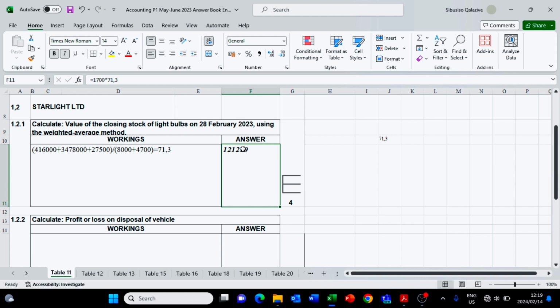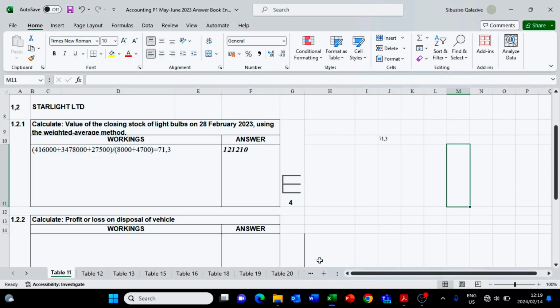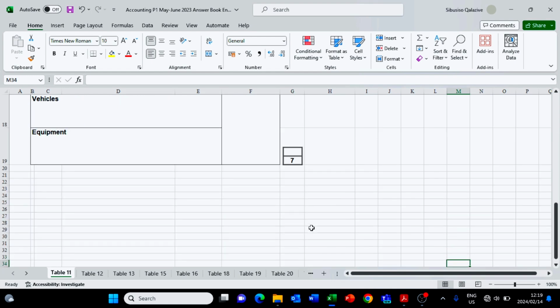So now this amount, we are going to add it together with this one, the 2,774,800, and then we are going to record it on our current assets section.